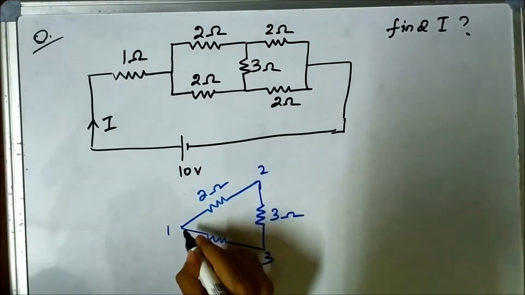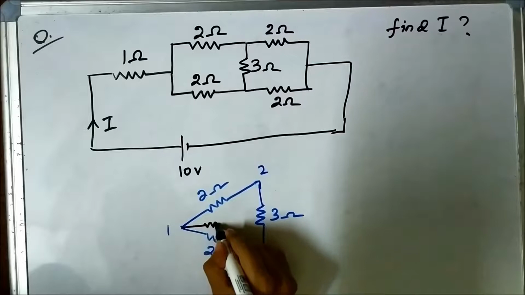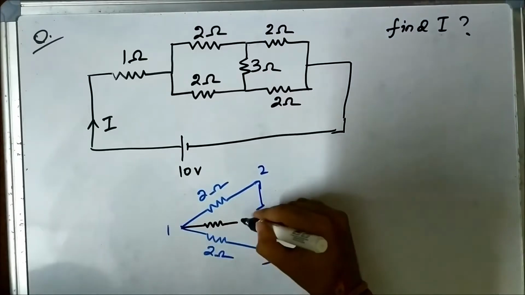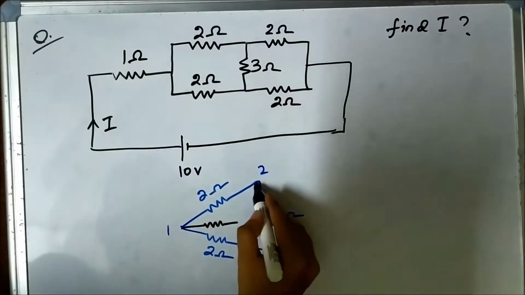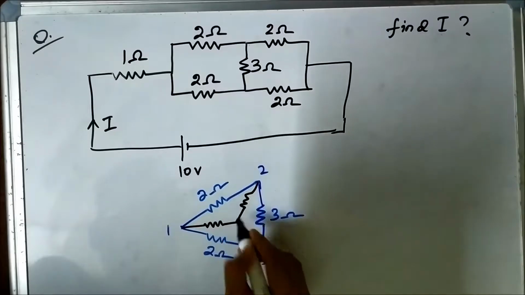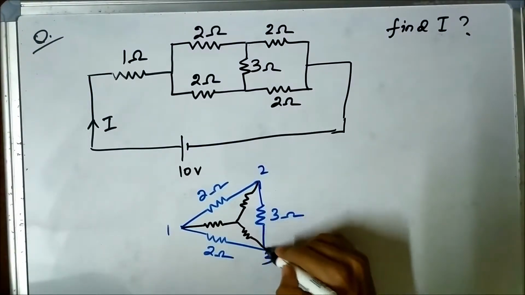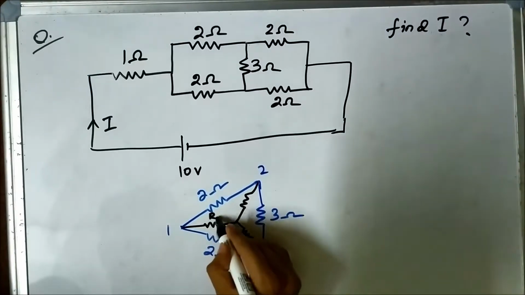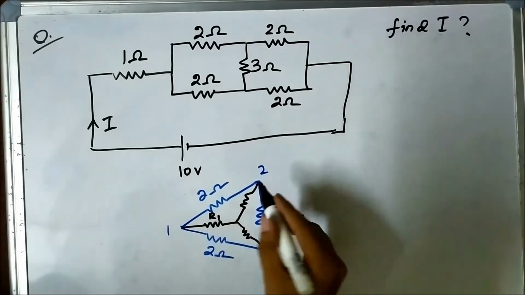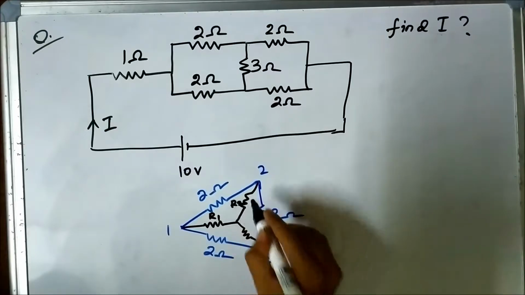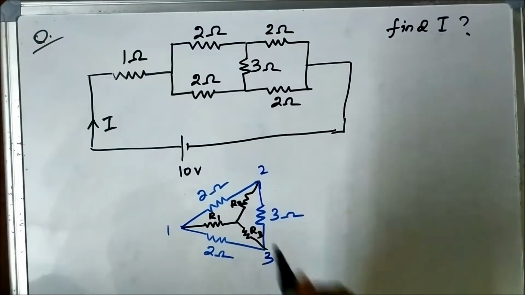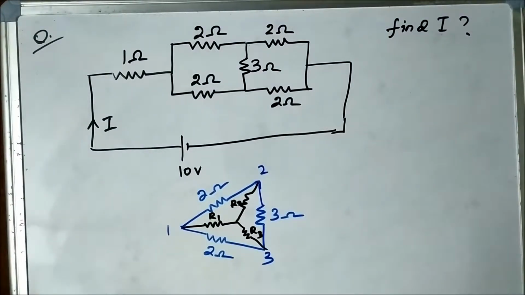For that, this will be R1, this will be R2 and this will be R3. This will be R1 because it is connected to point 1, this is R2 and this is, let's say, R3. Now we know the delta to star conversion formula.